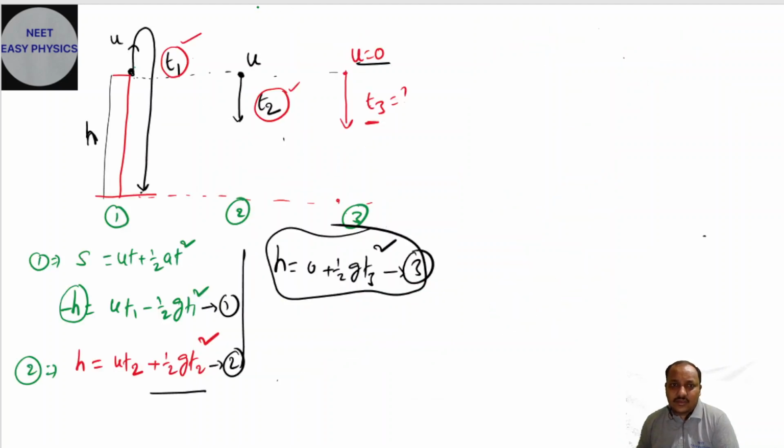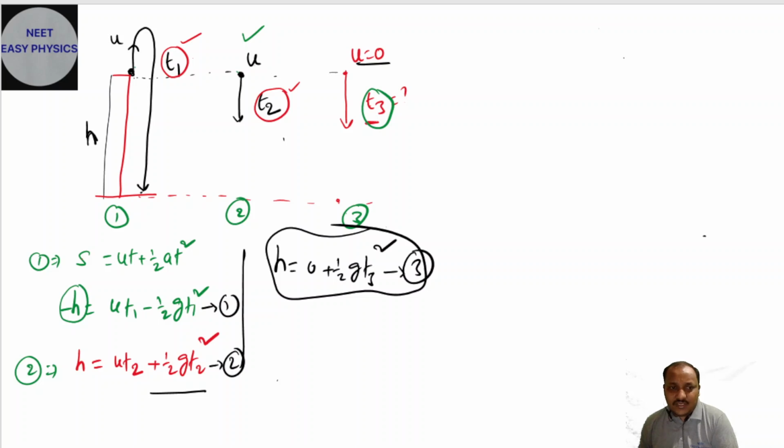If an object is dropped from a certain height, it takes t3 time. If an object is thrown downwards with u velocity, it takes t2 time. If an object is projected upwards with the same initial velocity, it takes t1 time. Among all these, which will reach the ground fastest? The second case, because it is thrown downwards, isn't it? So like this they are going to ask.